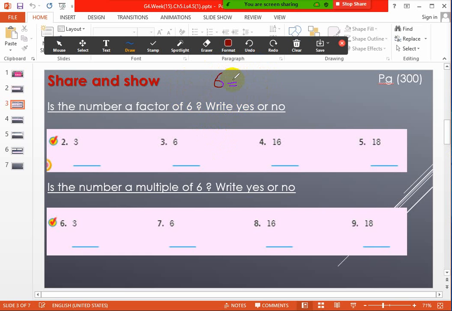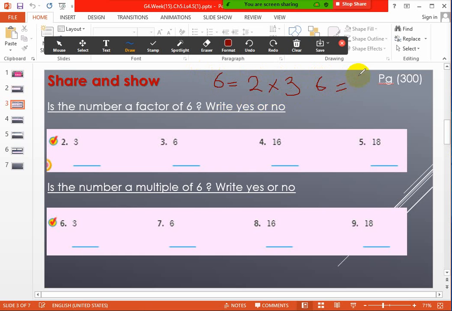What are the multiples for 6, girls? 2 multiply 3. That means those are the factors for 6. It's easy to know the factors for 6. Also, very good, 6 multiply 1, another factor.